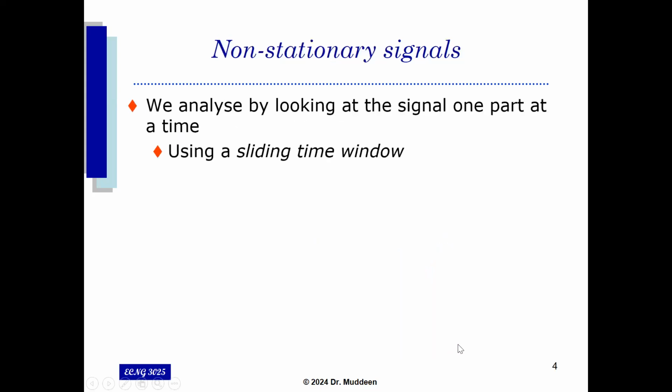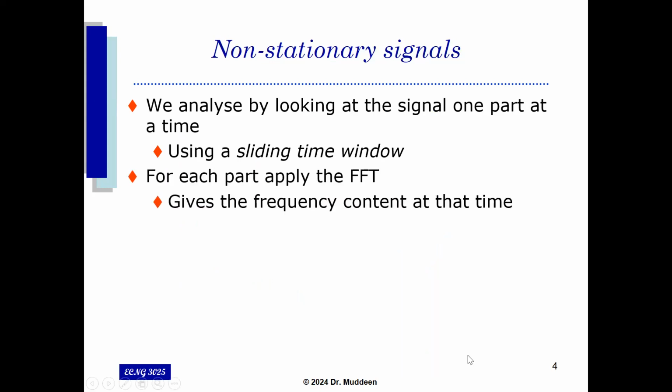Well, to analyze that, we take a very typical engineering approach, in that we look at the signal one part at a time, and we use something called a sliding time window. In other words, we divide the signal up into bits. You start with one part of the signal, apply the FFT, and for that period of time, we get the frequency content.